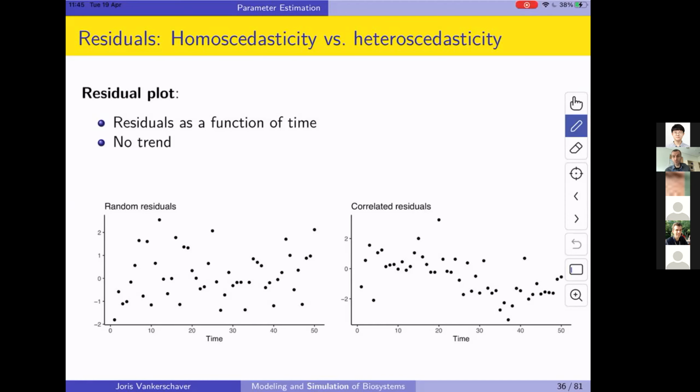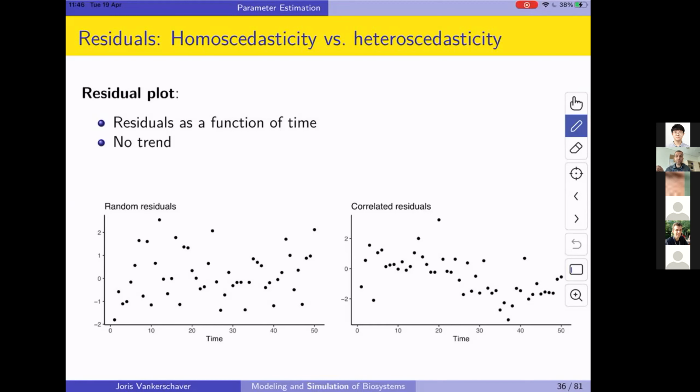So here we have a class of models where one of the input variables is time, and the outcome is a physical characteristic, concentration, or whatnot. When we look at the residuals, we now have residuals as a function of time. And what we want to see is the same thing as for linear regression analysis: no significant change in the distribution of the residuals as time progresses. So we want to see no trend.